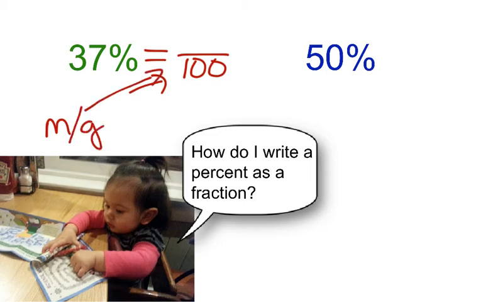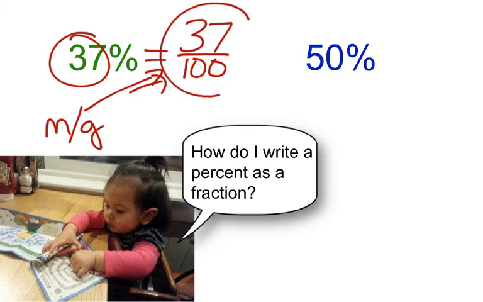That can help you remember that that should be your fraction. So 37 per 100. And of course, our percentage is our numerator. So if we have 37% or per 100, we have 37 over 100. Now, our next step is to simplify if necessary. In the case of 37 hundredths, it's in simplest form.